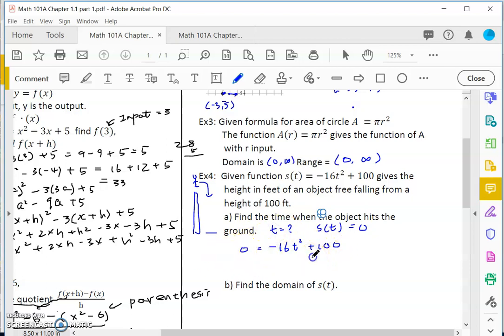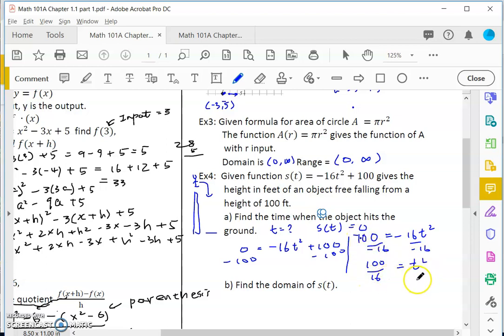To solve this, subtract 100 from both sides. So I would have negative 100 equal to negative 16t squared. Now divide by negative 16 on both sides. So t squared would be 100 over 16.